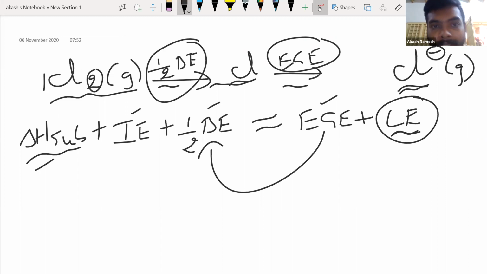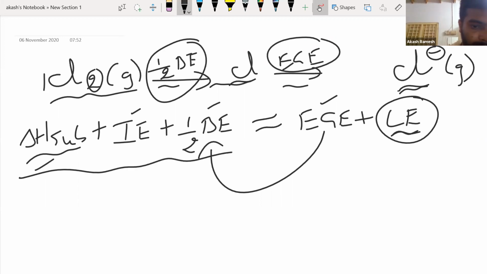So all the energy supplied should be equal to the energy released. You put all the energy supplied on one side, and all the energy released on the other side. Obviously all the other values are known except for the lattice enthalpy, so lattice enthalpy can be found out. This is how we find the lattice enthalpy.